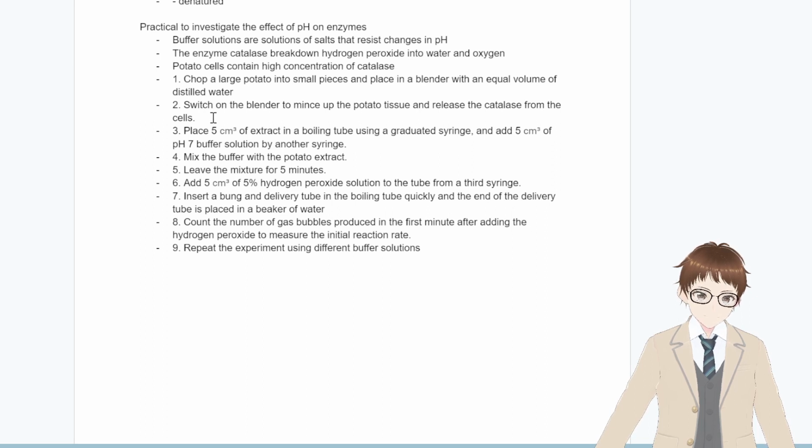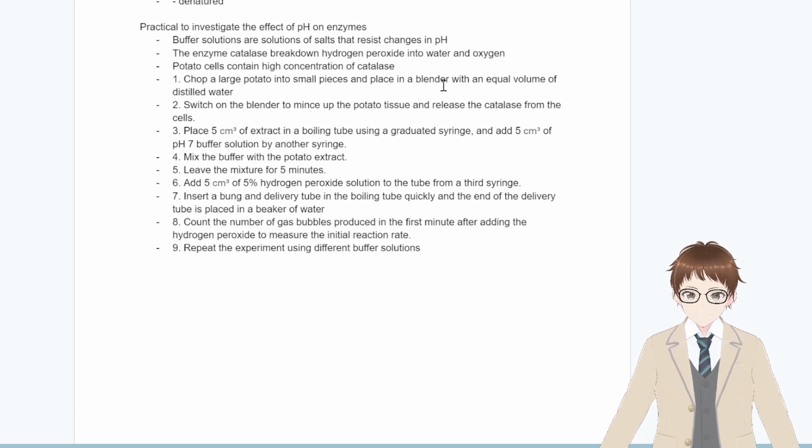Okay, let's go to the procedures. Firstly, chop a large potato into small pieces and place in a blender with an equal volume of distilled water. Then switch on the blender to mix up the potato tissue and release the catalase from the cells.